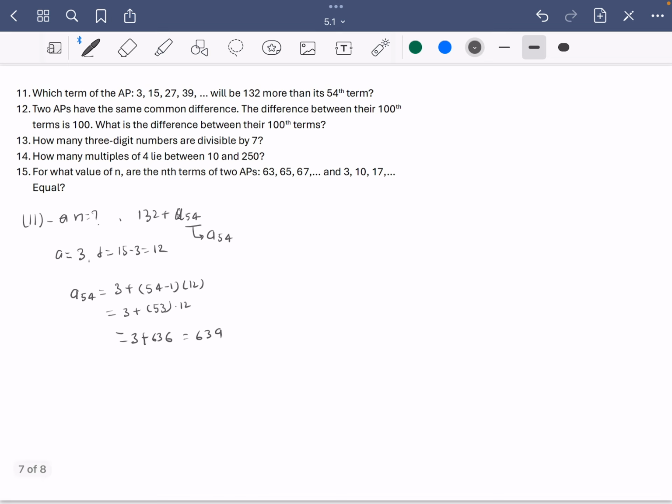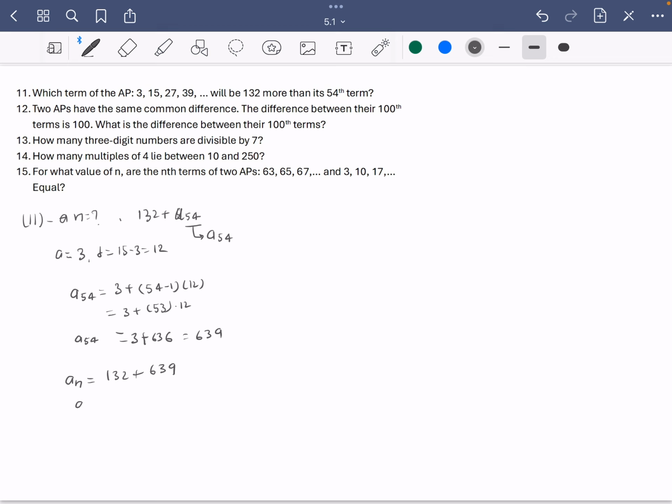So that's a54, the 54th term. Now it says which term will be 132 more than its 54th term. So let's say this term is an, and this term is 132 more than its 54th term, and the 54th term is 639.